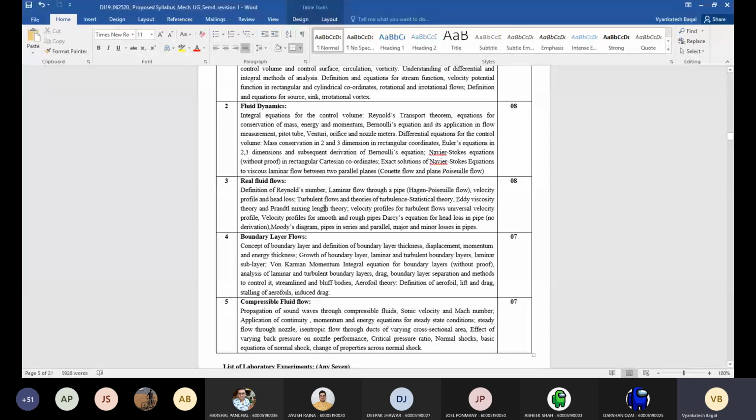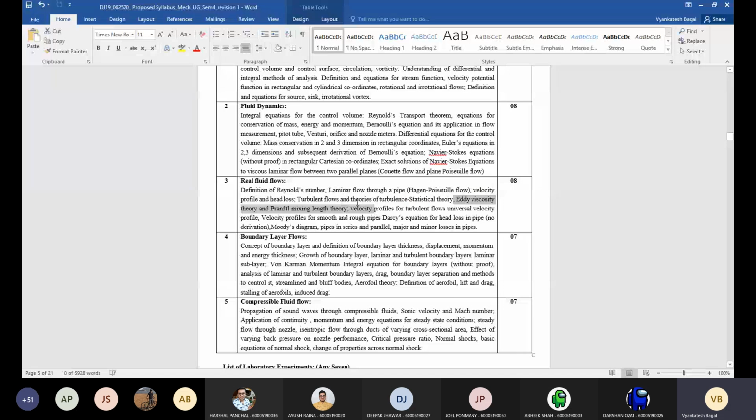Then some part of turbulent flow, the basic theories of turbulence, then models like the eddy viscosity theory and the Prandtl mixing length theory. These are the theories suggested for modeling turbulence in the flow.